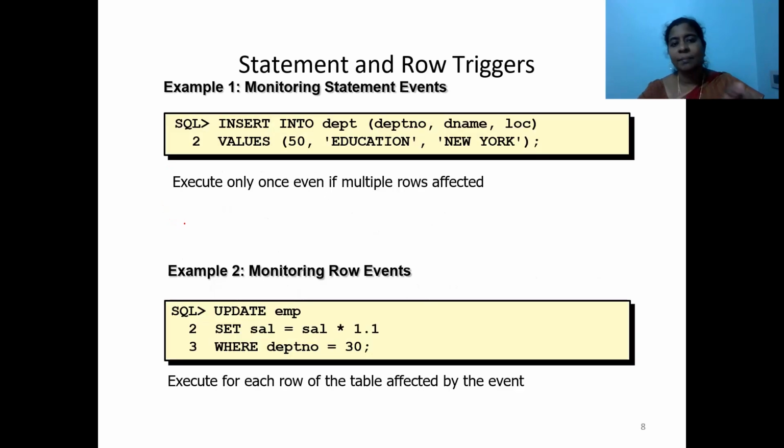So the first example is for per statement, and the second example is for each row. In this update statement, we are updating the employee table, and we are modifying the value of the salary where department number is equal to 30. So in this case, it executes for each row of the table which is affected by the event. Okay.